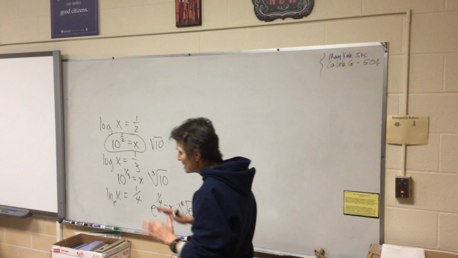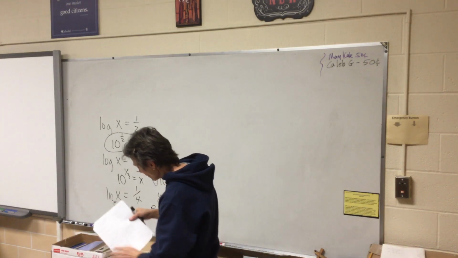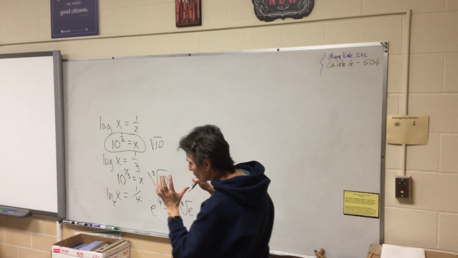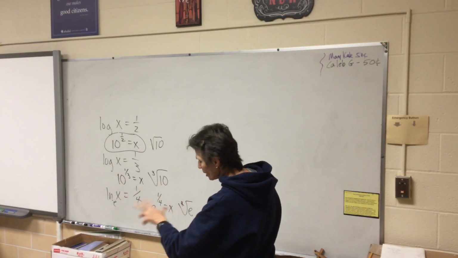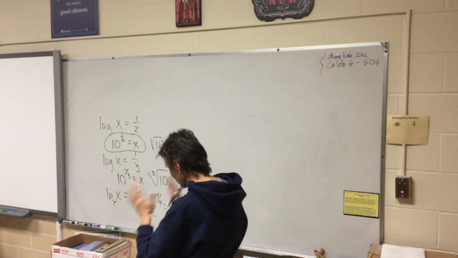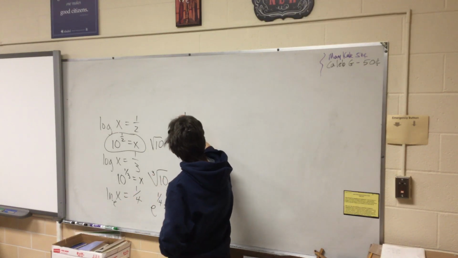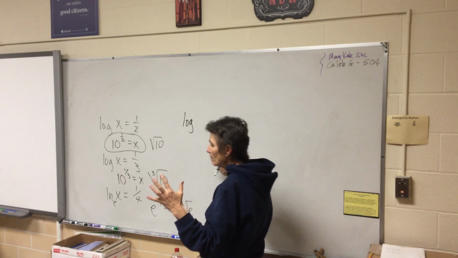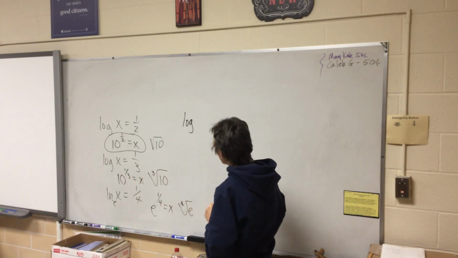There are 3 things I want you to write down, either in the margin of your notes or somewhere where you won't lose it. Don't put it on a scrap of paper. I need this somewhere where you can find it. These are the rules for how we combine logarithms into one expression.